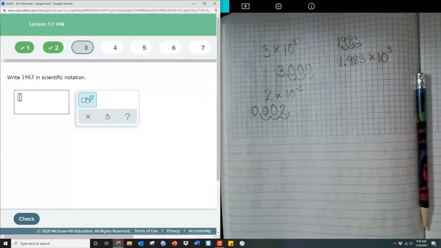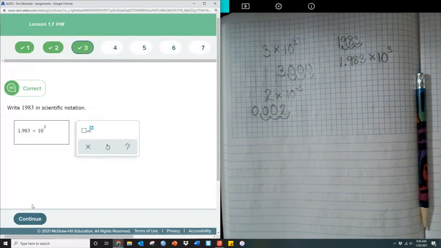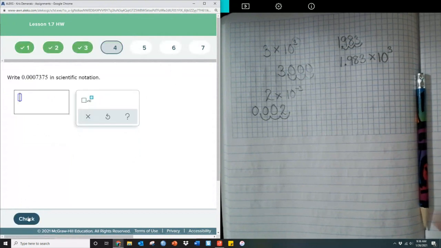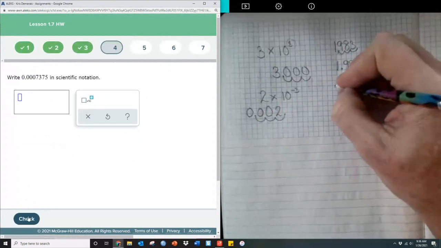Here they give you this thing in the palette, so you can just do 1.983 and then throw in the exponential power. It makes it a lot easier when they have this as part of the palette. So pretty easy, right? Now, if the number is here, it goes like this.